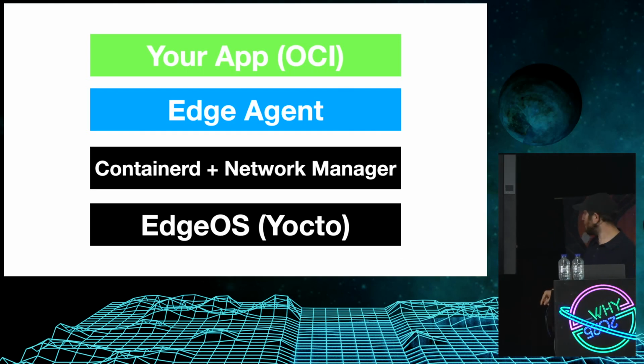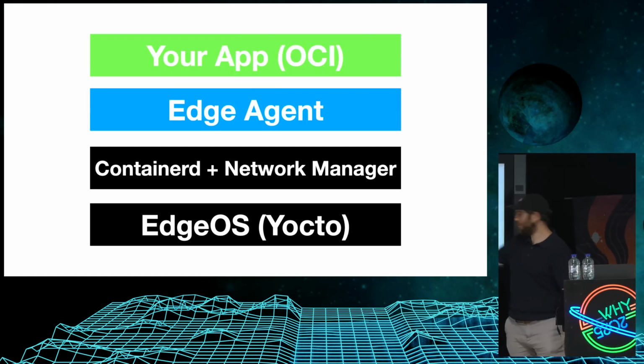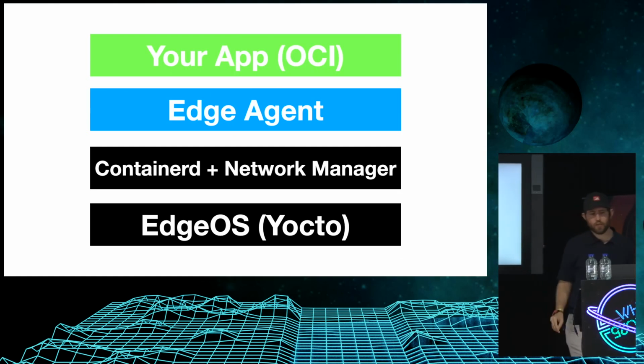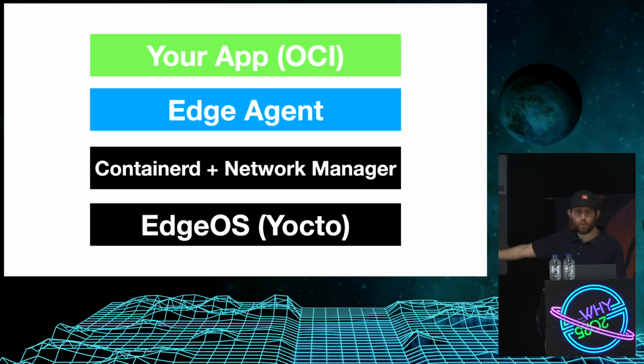And then on top of that, we have a couple basic necessities. We have Containerd, a network manager. Containerd allows you to run containers, and we didn't opt for Docker because we wanted more control. Right now, today, if you use any containers on a Linux machine, most likely you're using either Docker or something similar.